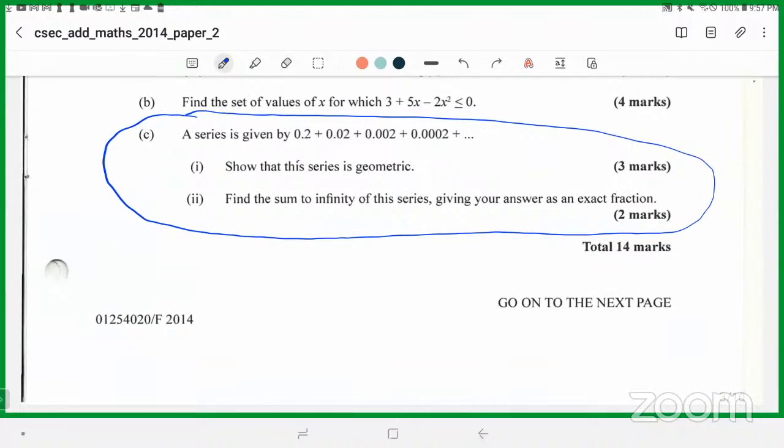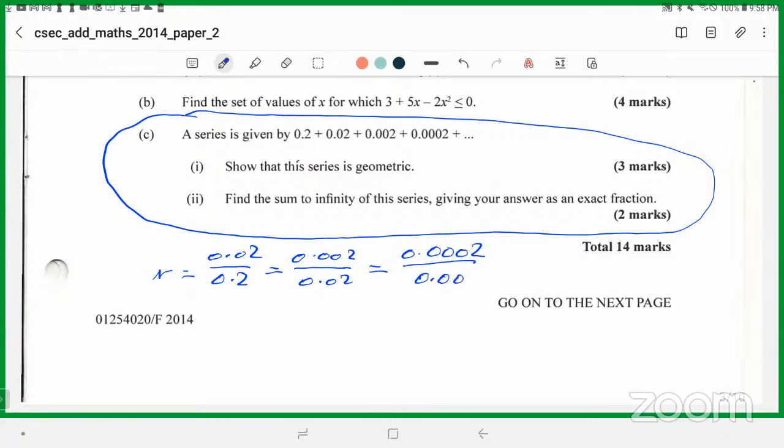I'm going to show that that common ratio R is equal to this divided by that, which is 0.02 divided by 0.2, also equal to a term divided by the preceding term, 0.002 divided by 0.02, also equal to this divided by this, 0.0002 divided by 0.002.